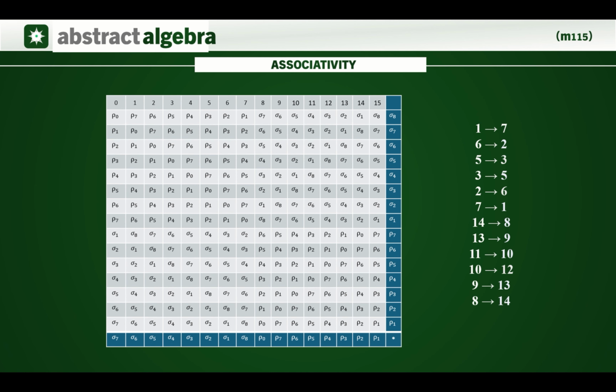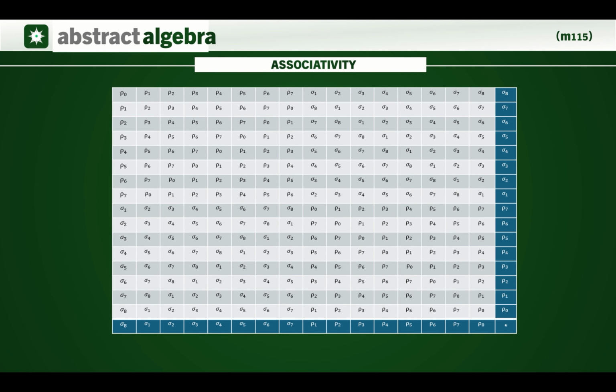Now, after interchanging some rows and columns, this is what it looks like. And as you can see, it is already isomorphic to the first table. Therefore, we can conclude that it is associative.